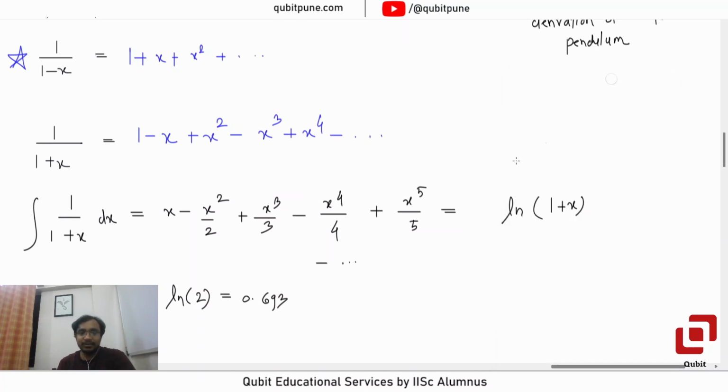It's not working, because the region of convergence here is only when mod x is less than 1. I think we can go for ln of 1 upon 2, which is negative 0.693.